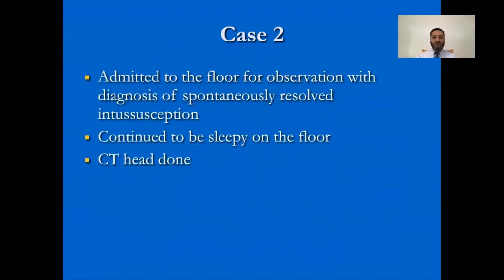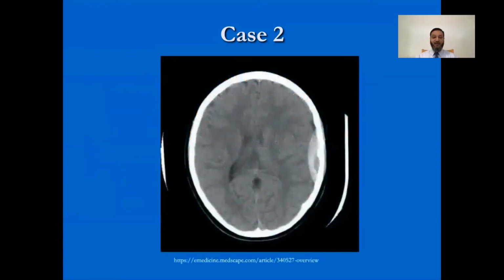So this patient was admitted to the floor for observation with the diagnosis of spontaneously resolved intussusception. Based on the barium enema and the history, that was a working diagnosis when he was admitted to the floor. But on the floor, he continued to be sleepy, and a CT of the head was done at that time. It found an intracranial hemorrhage, or an epidural hematoma, as you can see on this CT.